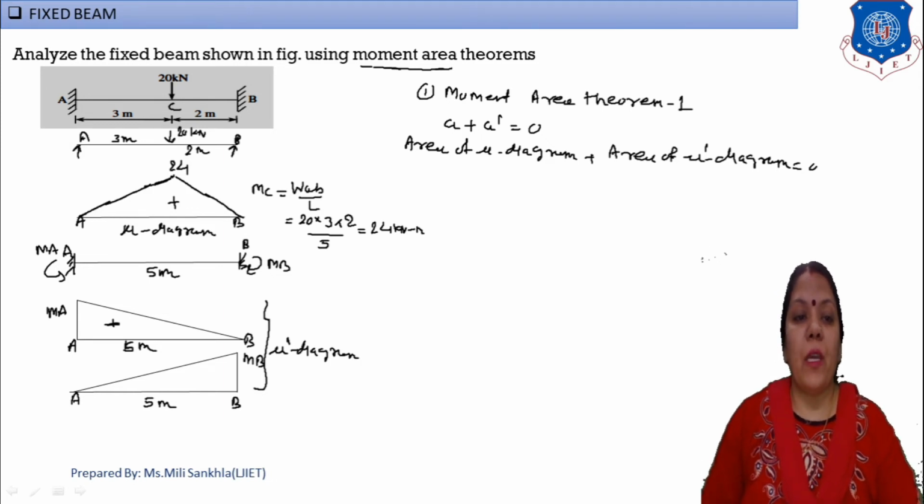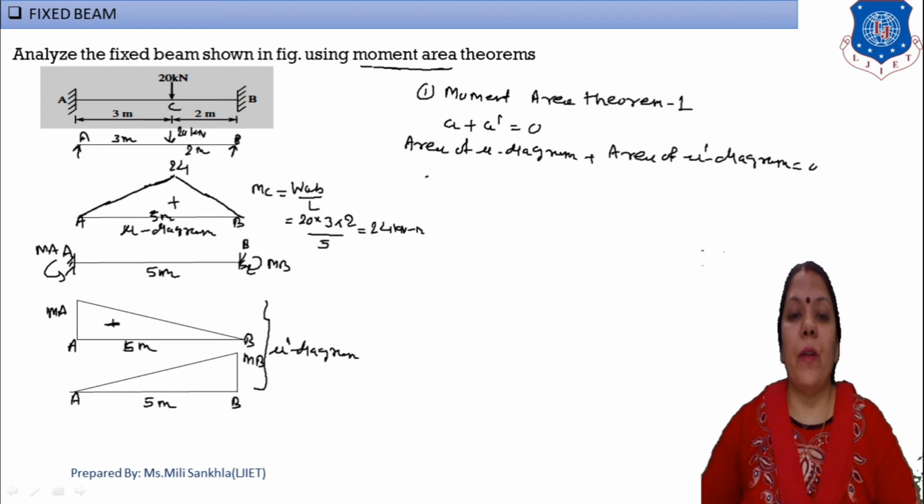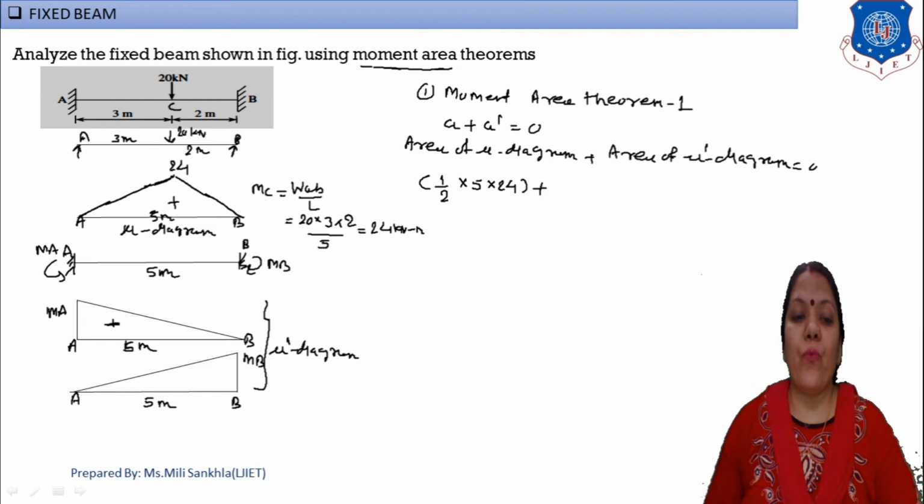Now first, here distance is given 5 meter. So here we take area of triangle 1/2 into distance 5 into 24, and the two triangles are given 1/2 into 5 into MA, 1/2 into 5 into MB.